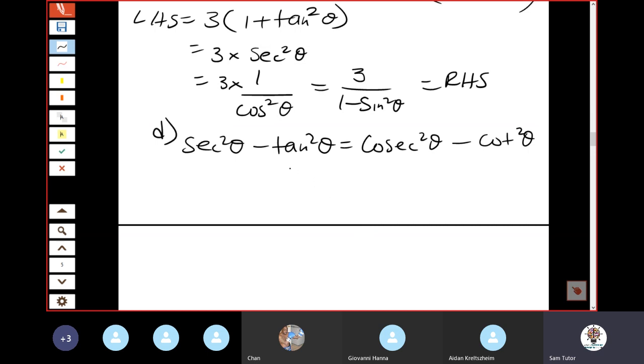Nikki, let's try this one together. Left-hand side. Okay, Nikki, are you there? Yep. Am I going to change sec squared to 1 on cos squared, and same thing with tan?